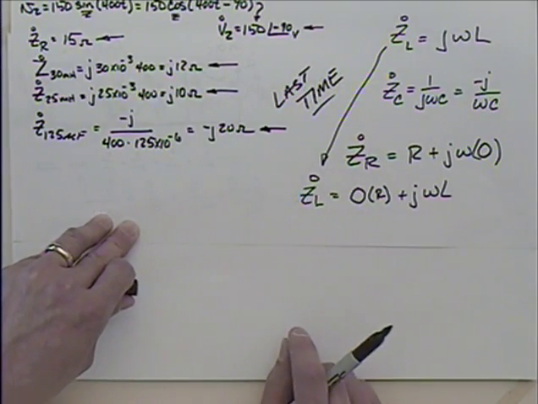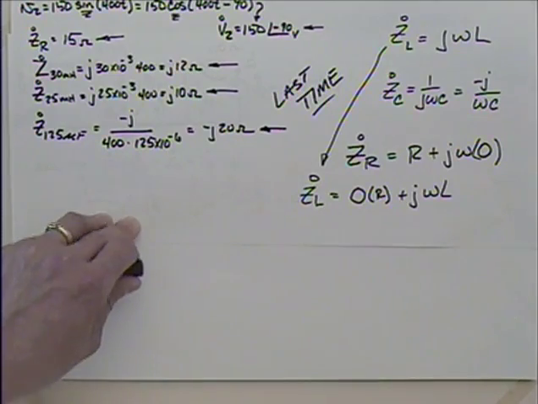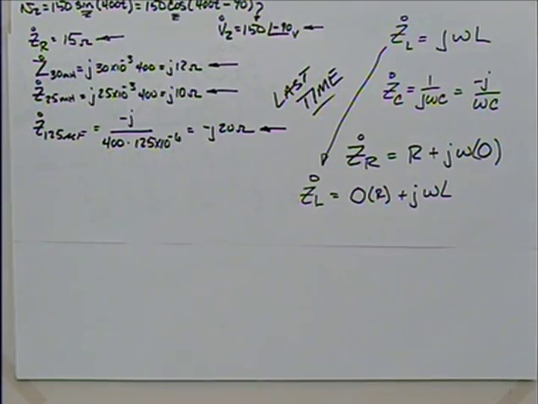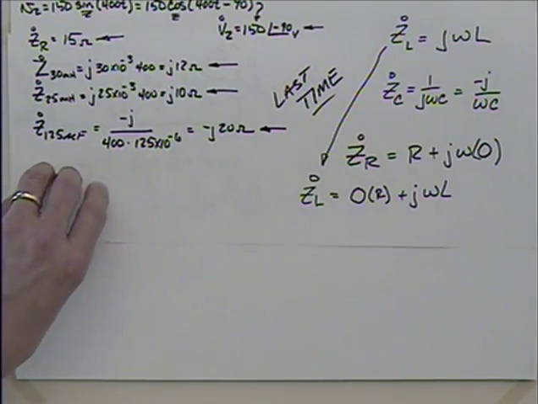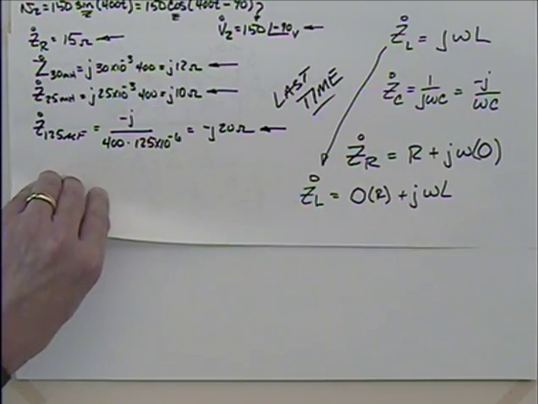But ideally, it would have 0 resistance. So the impedance for a capacitor and an inductor is all imaginary, whereas the impedance for a resistor is all real. Other questions? Good.